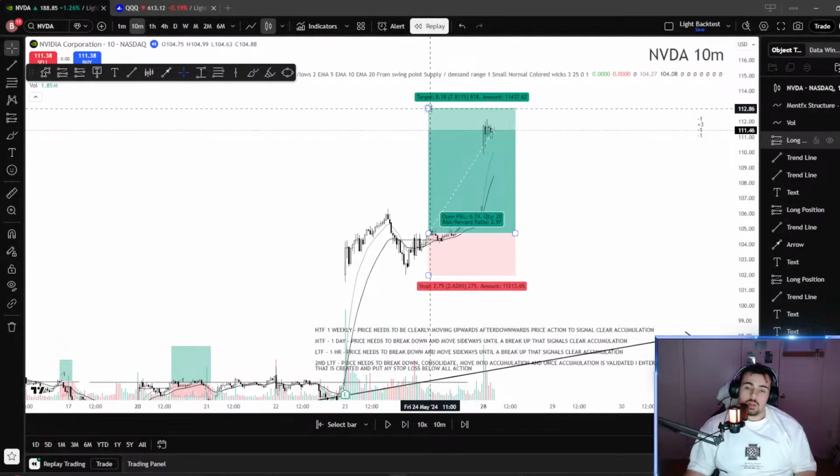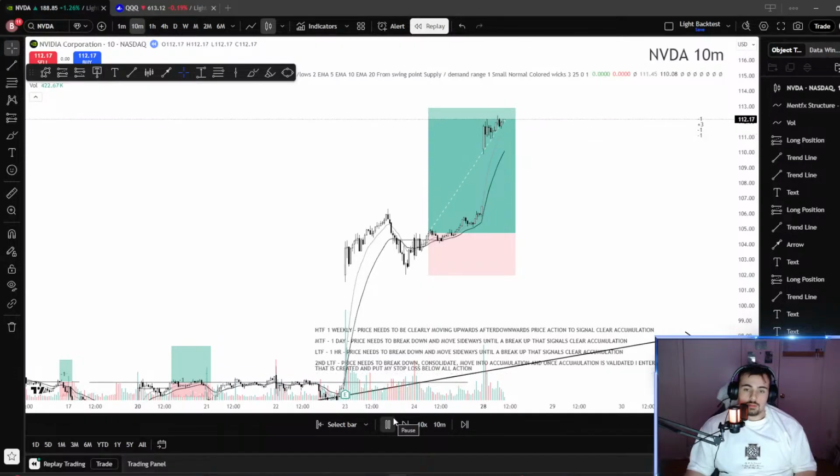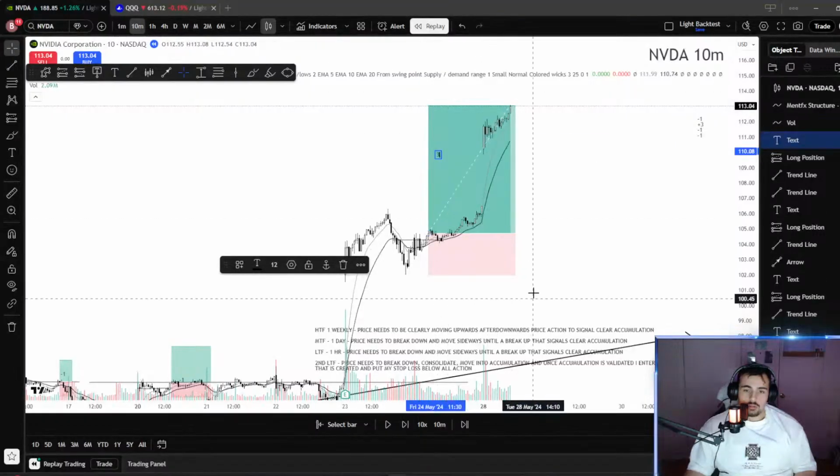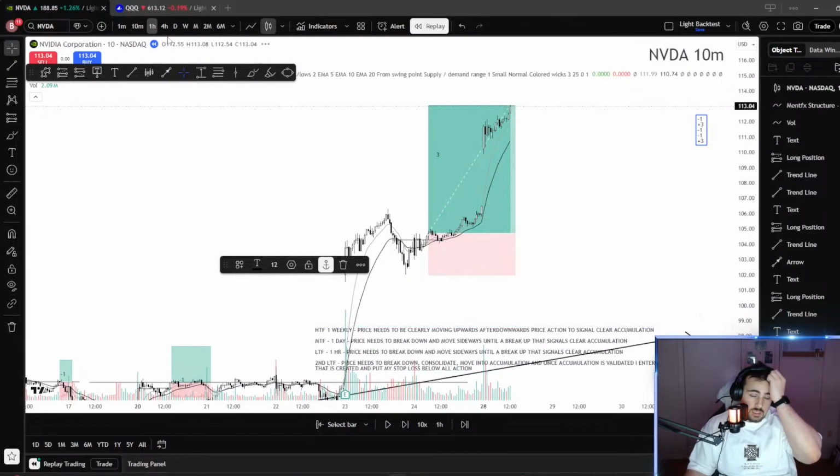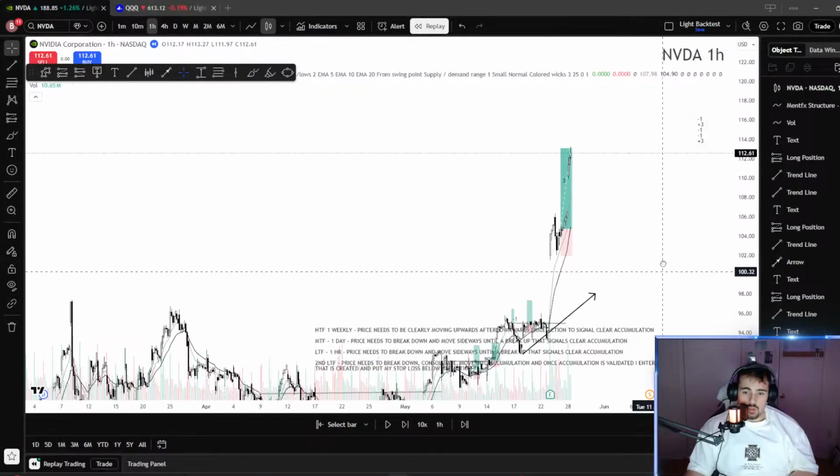Okay. So price hits 1 to 3 right here. And we now have another winning trade. So I can add it to this data, +3. And why I like this trade is because the 1 hour was so strong.